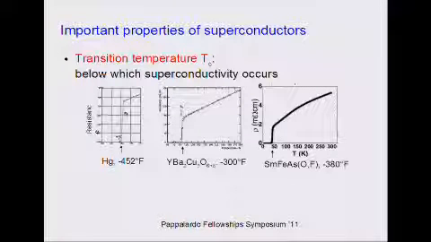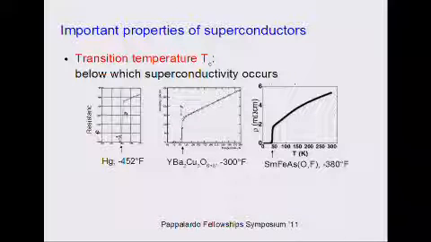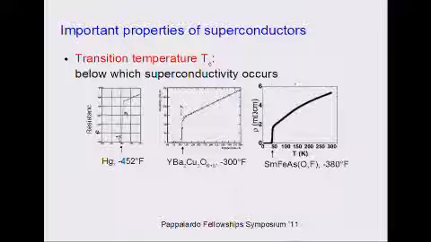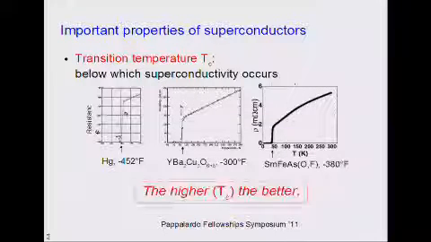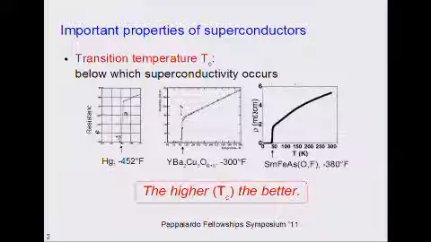As you can see, the transition temperatures are still very low, around minus 300 degrees Fahrenheit. It's nowhere close to the typical temperature around us, or even in your typical refrigerator. So if we want to use them, we have to use very special refrigerators, which is inconvenient and very costly. So of course, we want to improve that. In fact, we want higher and higher Tc.